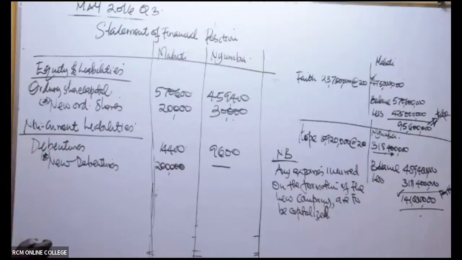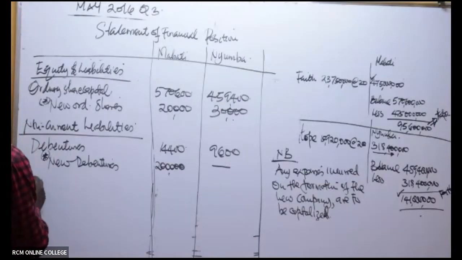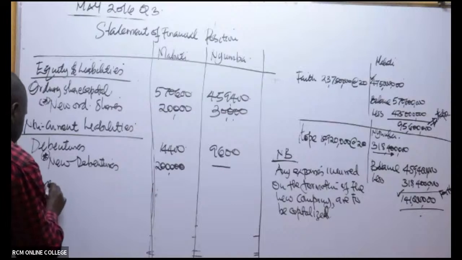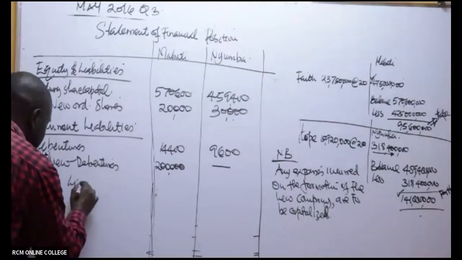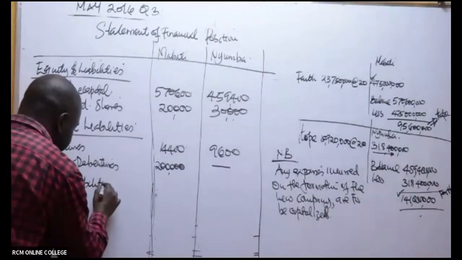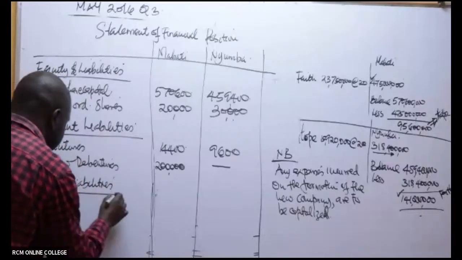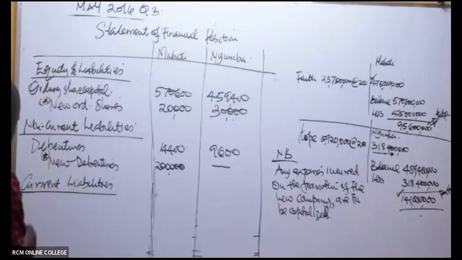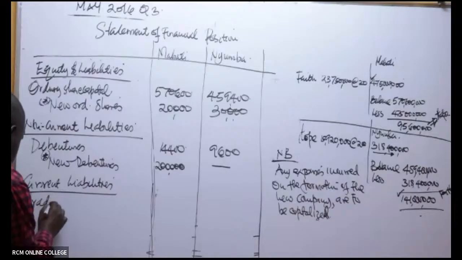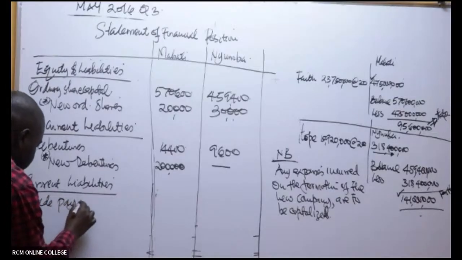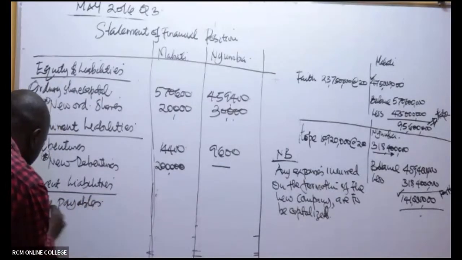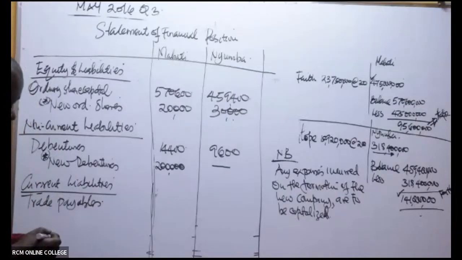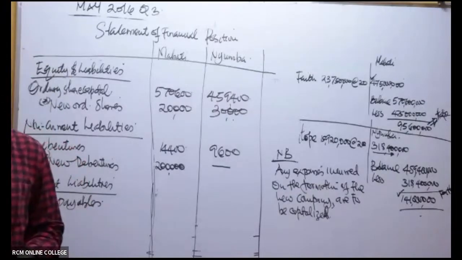Then in this case, there's no other item, so you can go to the current liabilities. For the current liabilities here, we have the trade payables. Hizi hata usijisumbue, si ziko hapo kwa business purchase.